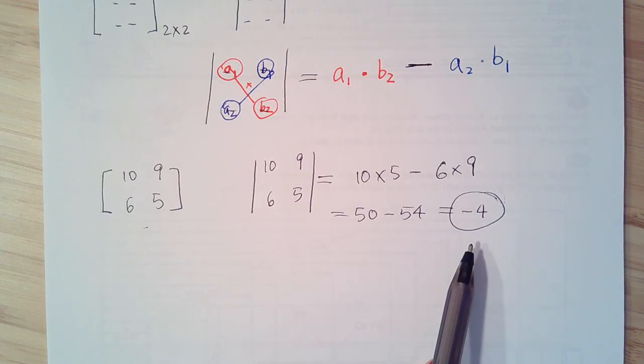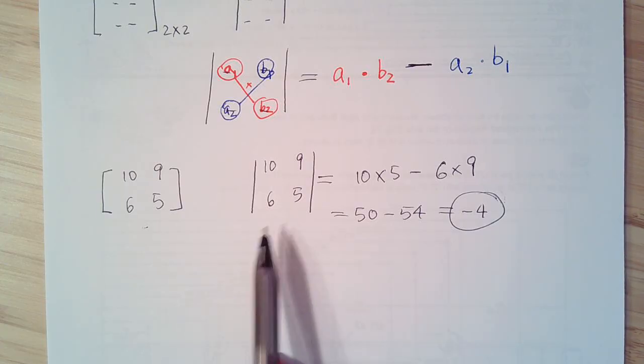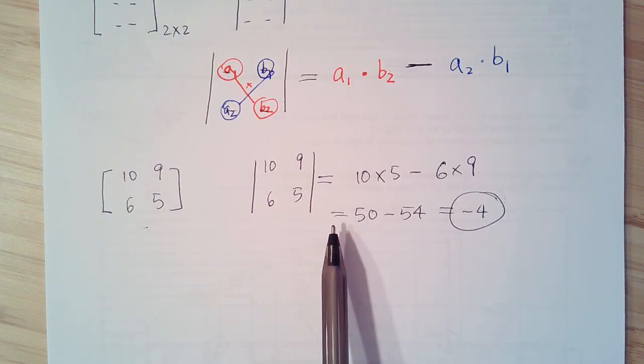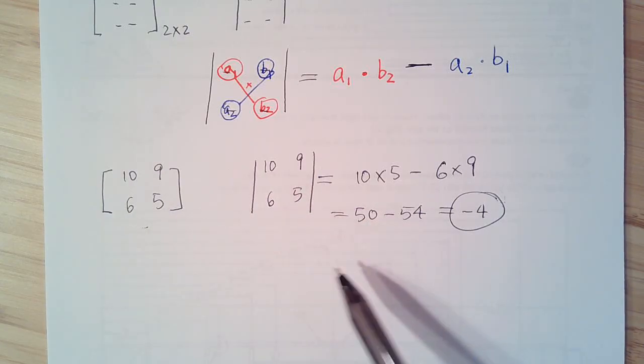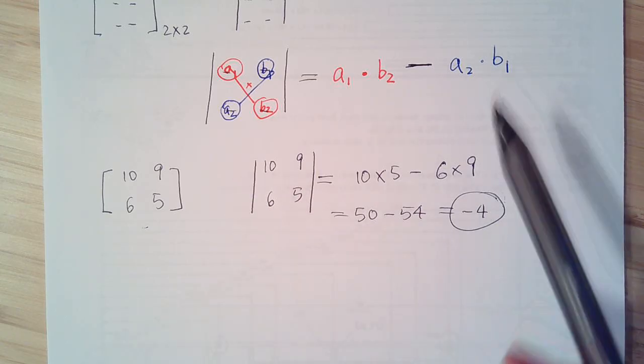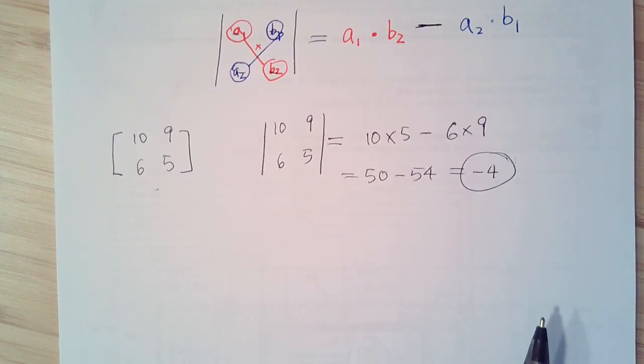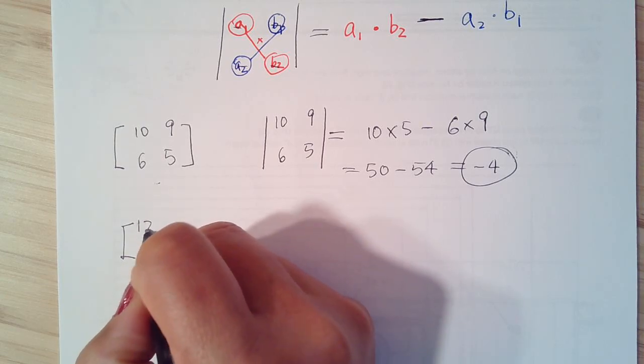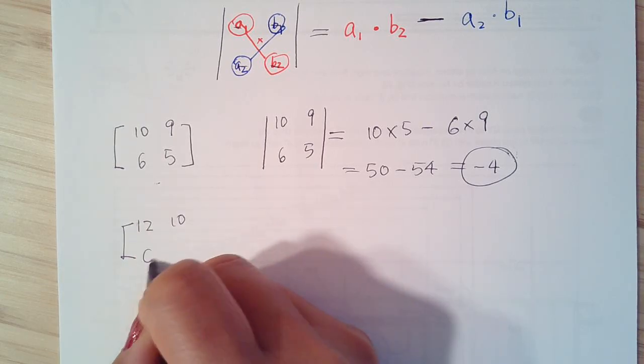In order to get the determinant, you list the matrix numbers, but put a bar on both sides. Then you do one product minus another product. One more. Find the determinant of 12, 10, 6, 5.